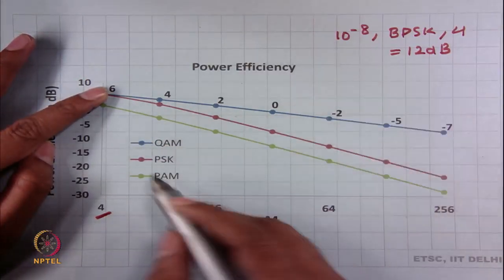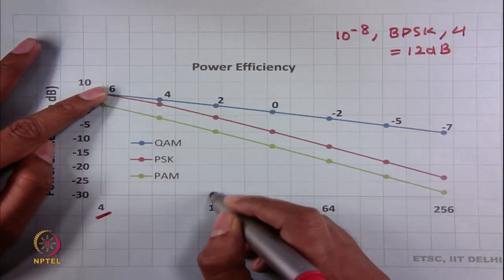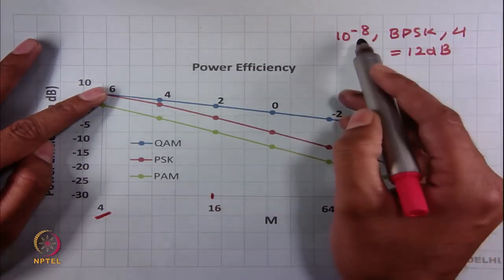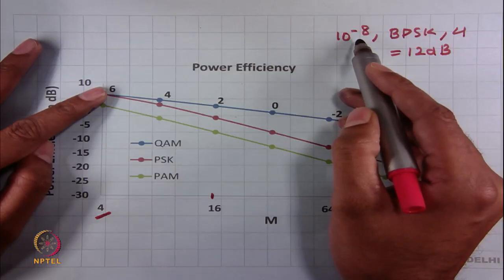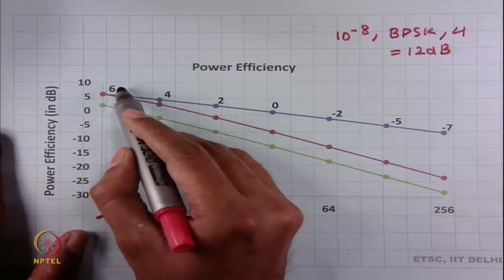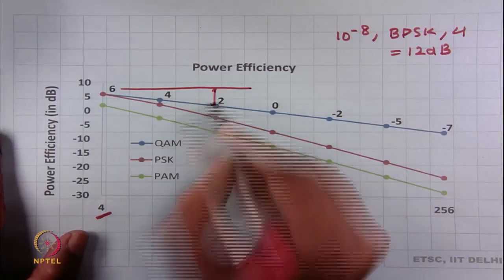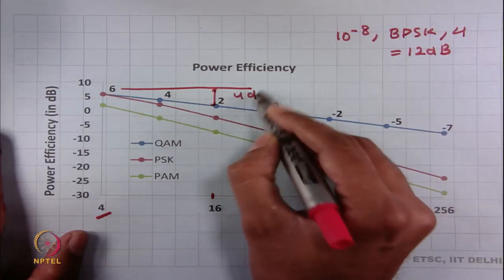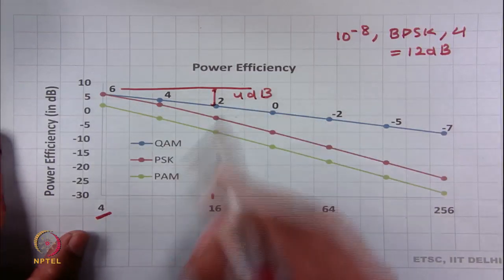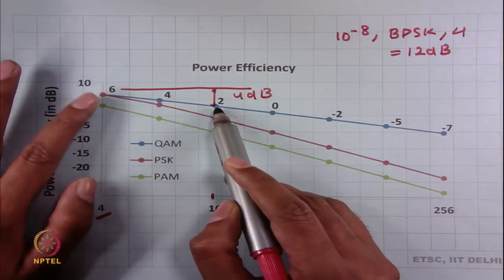Now, if we want to find out what Eb/N0 16-QAM requires for a bit error rate of 10 to the power minus 8, you can easily deduce this from this figure. So, you see that 16-QAM has 4 dB smaller power efficiency than 4-QAM.